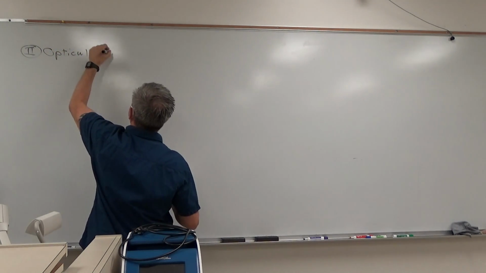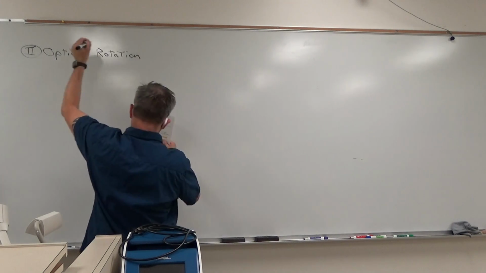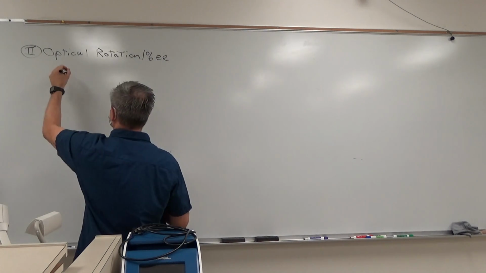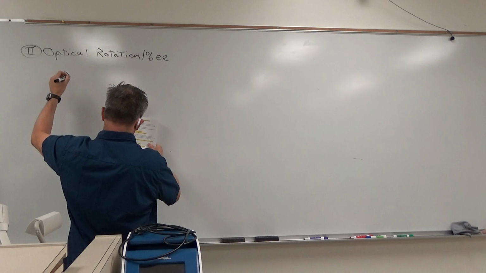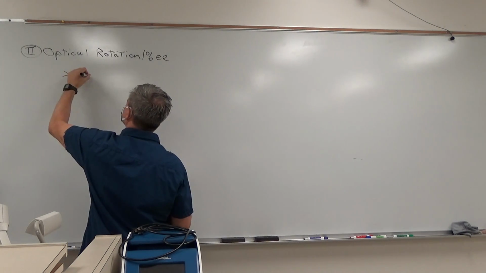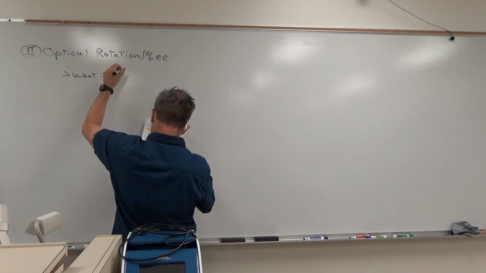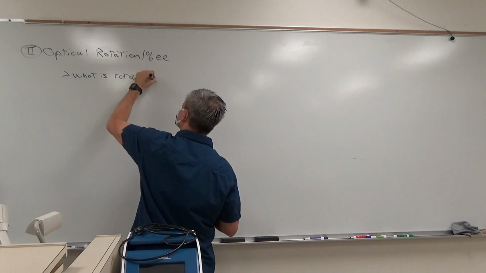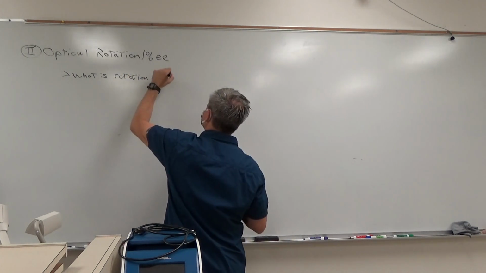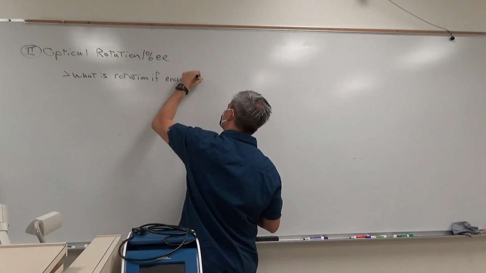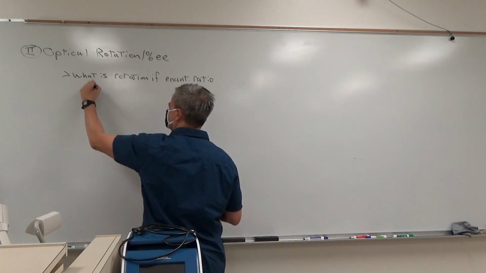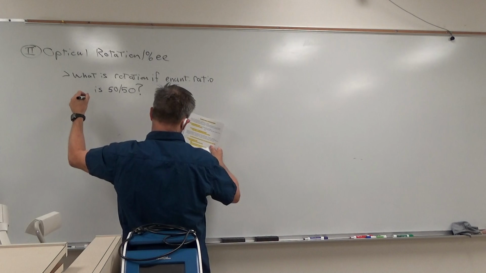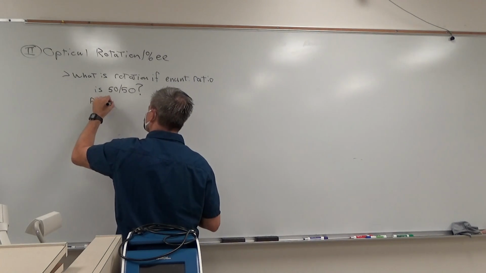Optical rotation and percent EE. What is the rotation if the enantiomer ratio is 50-50? Answer: none.